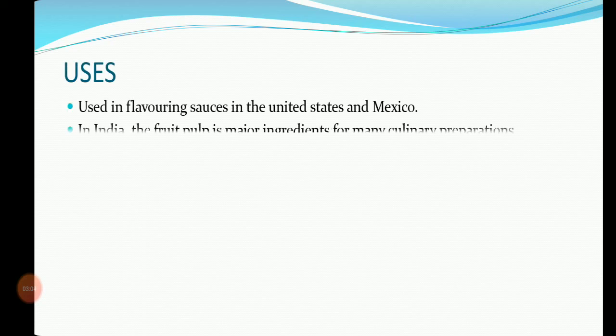Tamarind is used as a flavoring sauce in the United States and Mexico. In India, the fruit pulp is a major ingredient in many culinary preparations.